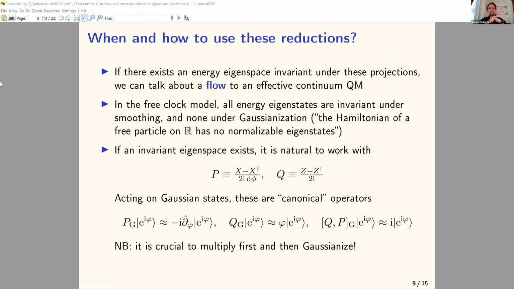And before I go into further details, let me explain why this is even useful, because I haven't stressed this yet. I just gave you a bunch of formal definitions. The real use of these reductions lies in the situations where there exists an energy eigenspace of your starting Hamiltonian, which is invariant under these projections.